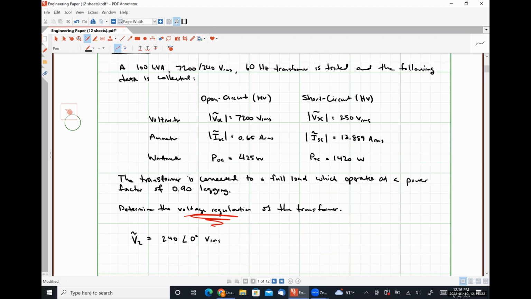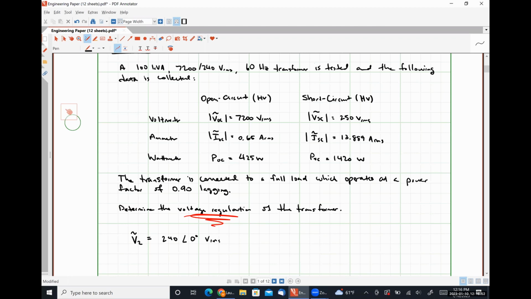If we had performed the short circuit test on the low voltage side, we would expect a number much smaller than the rated voltage on the low voltage side, okay? So both of these were performed on the high voltage side, so everything is checking out. Our open circuit voltage on the high voltage side is exactly rated voltage. Our short circuit voltage, when the test is performed on the high voltage side, should be less than rated voltage on the high voltage side.